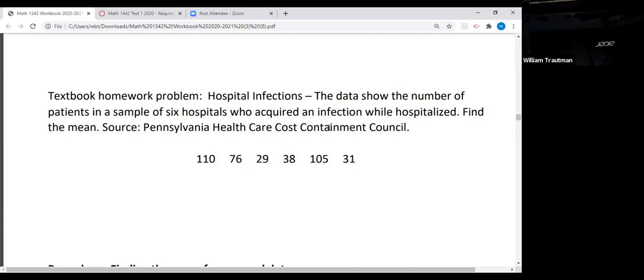I'm going to clear my list. 110, 76, 29, 38. And you guys write down your answer. I want to see what you get. If you want to type it into the chat box, type in your answer.